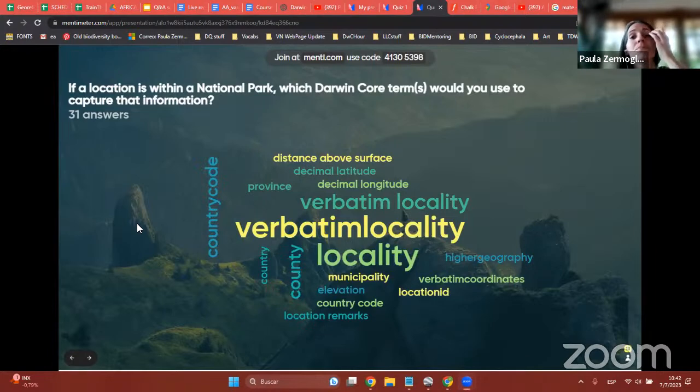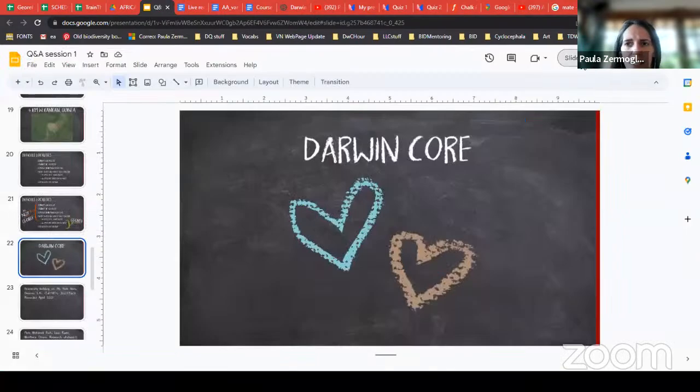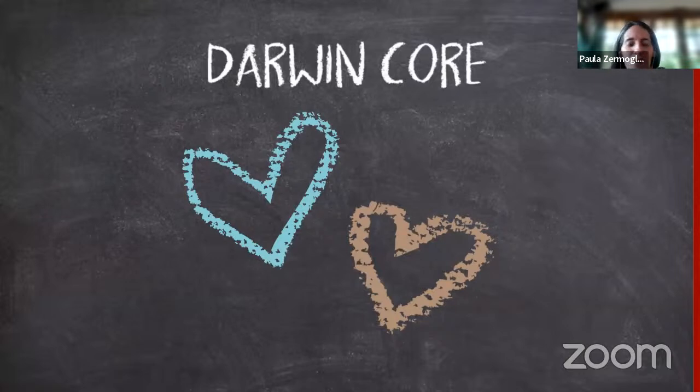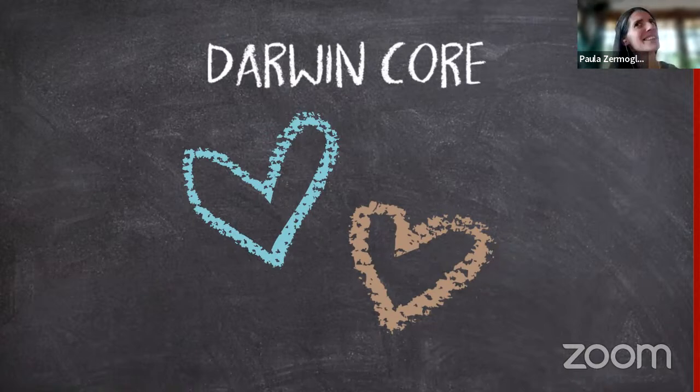Okay, thanks, John. So we have reviewed all the terms that you suggested, I believe I haven't missed any. I'm going back to the presentation now. And I put a couple of hearts here because I know Darwin Core is a monster to most people when they first use it, and a little later as well.